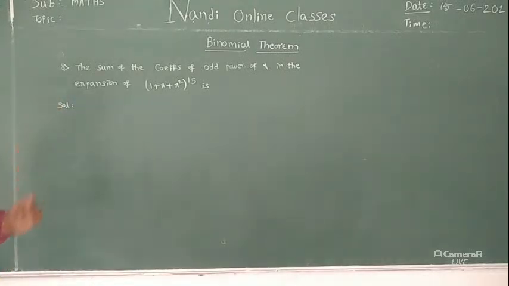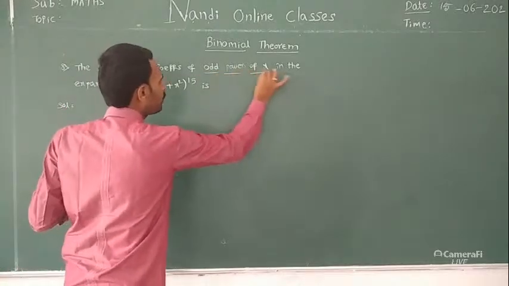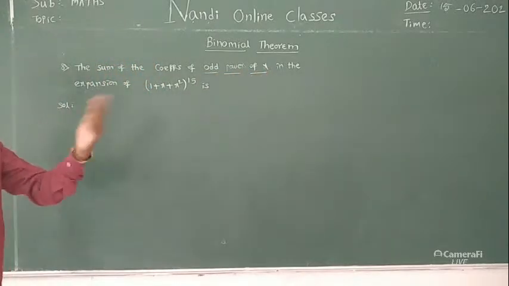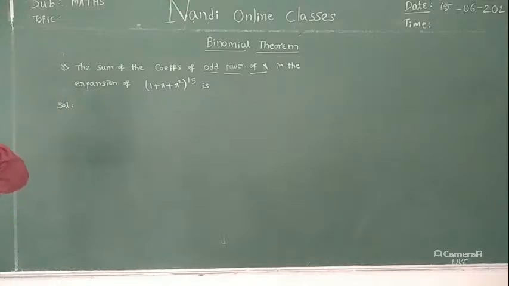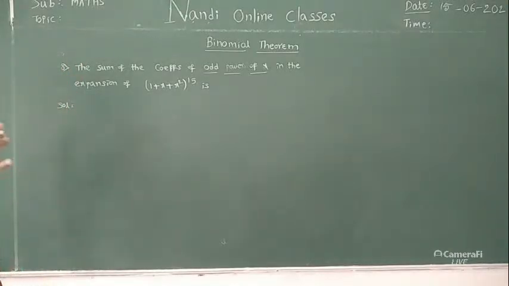The sum of the coefficients of odd powers of x in the expansion of... In the last problem we did the sum of the coefficients. Here they asked to find the sum of the coefficients of odd powers of x: the x coefficient, x³ coefficient, x^5 coefficient, and so on. I gave in the synopsis the sum of the coefficients of odd powers of x formula: (f(1) − f(−1))/2.